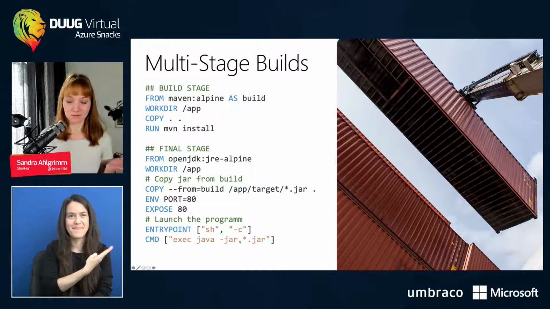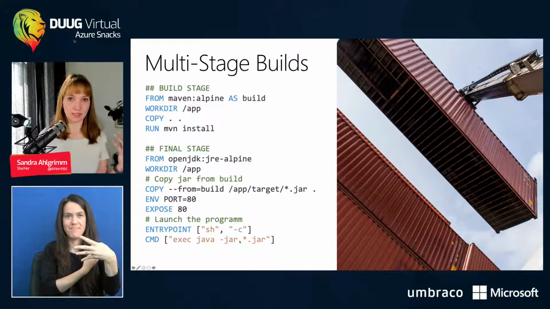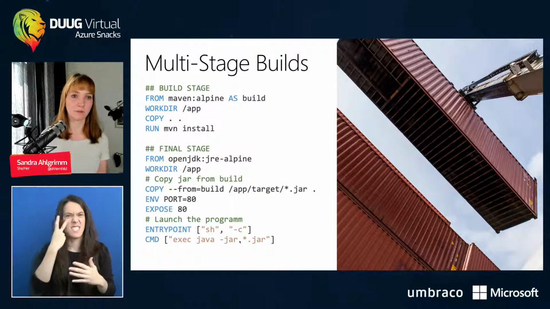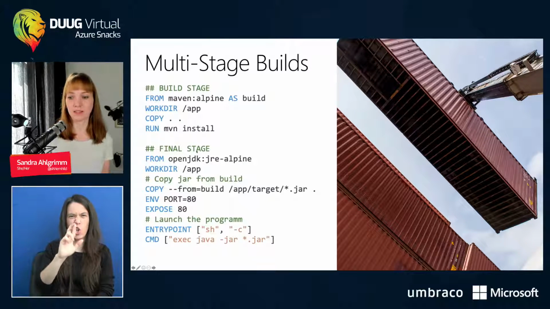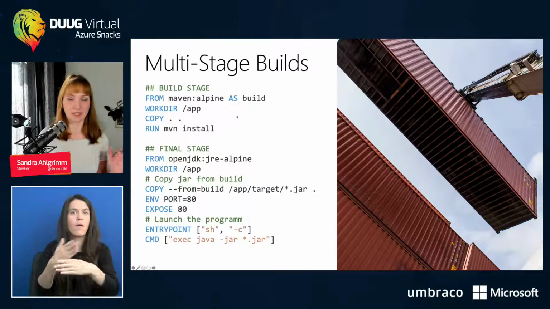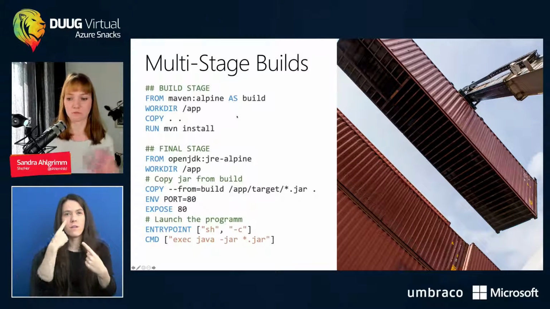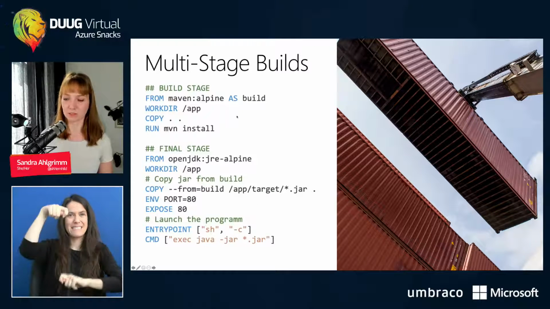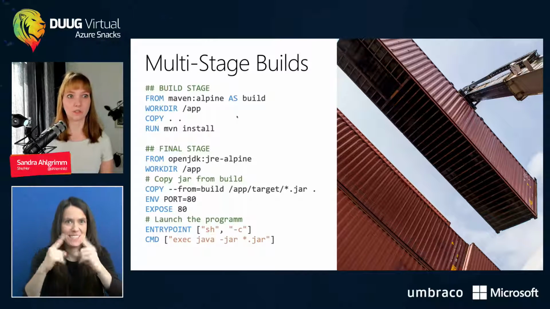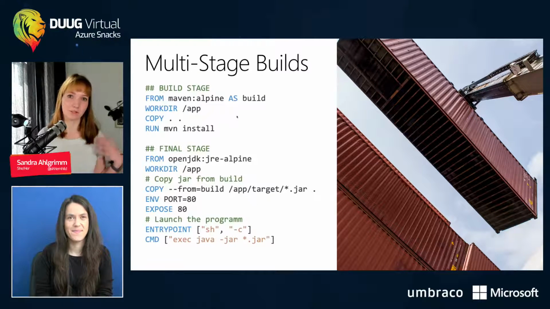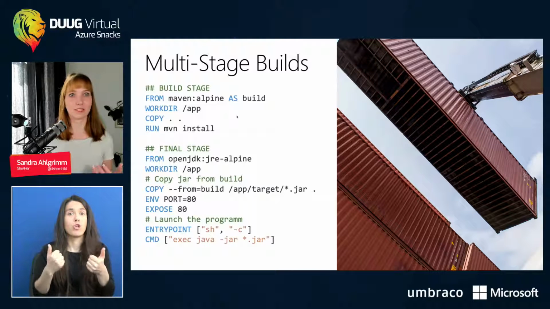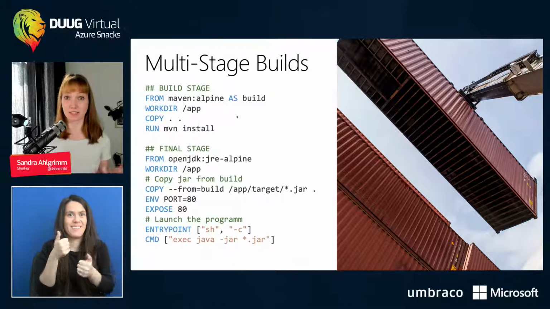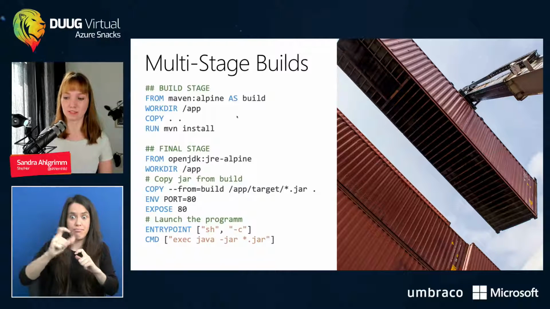And that results, so we had seen the other Dockerfile from the beginning where we just used Maven. And this container is actually 11% of the size of the first one. So that's really a lot. And that also results in less surface for security attacks. It's not only that the deployment and the scaling is faster, it's also more secure in the end.